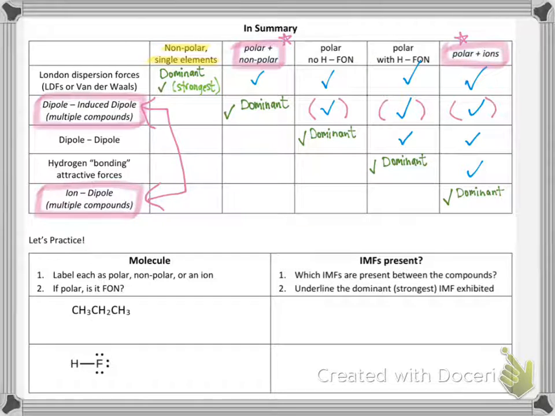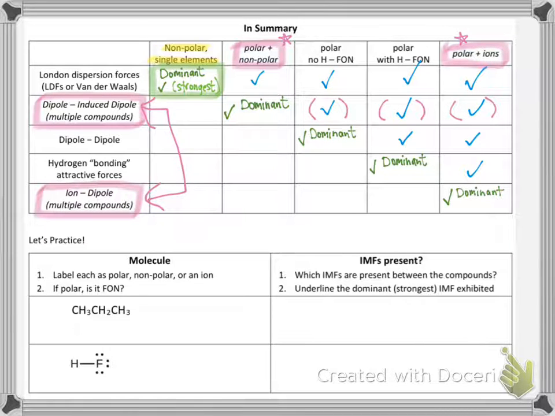So please make a note that even though, yes, dipole-induced dipole is a thing, you're still not going to list it as an answer if you were trying to say what are all the IMFs exhibited by a compound. So if you were asked what are all the IMFs that nonpolar things have? Well, easy, right? Dispersion forces only.